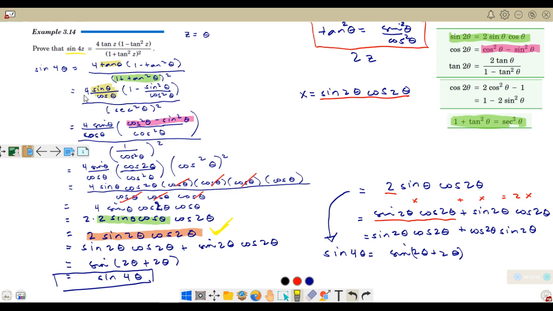And sabi ko nga, either way naman, as long as magiging equal sila, no matter which side of the equation you are focusing on, as long as they will yield you the same value for each side, okay lang yon.